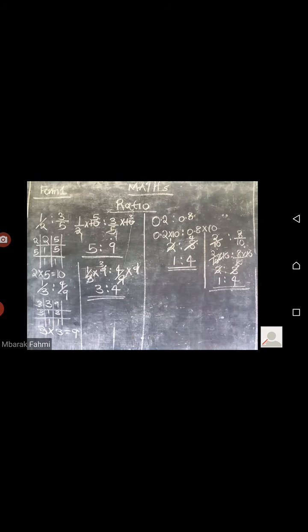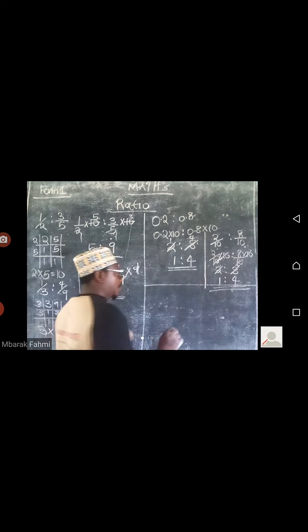Therefore the ratio in that case will still be 1 is to 4. So you can use any of the two methods.